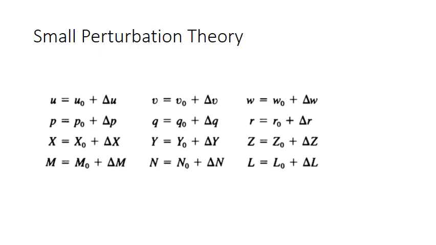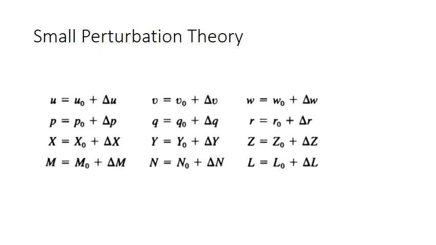All the variables in the equations of motion are replaced by a reference value plus a perturbation or disturbance. For convenience, the reference flight condition is assumed to be symmetric and the propulsive forces are assumed to remain constant.